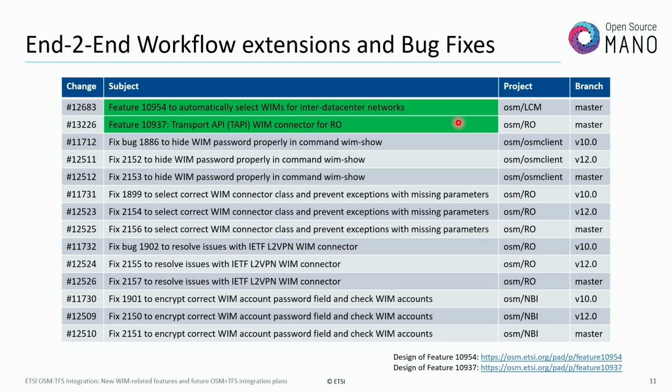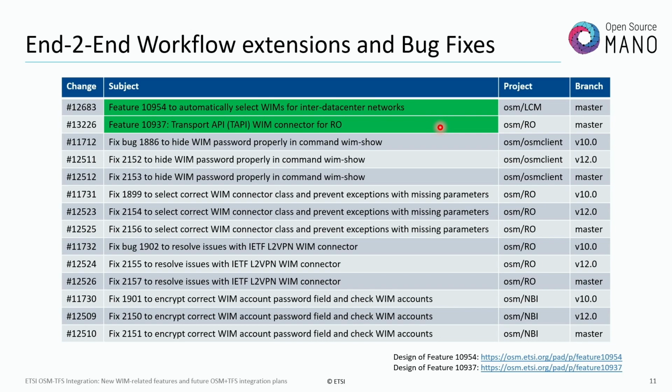The first one is about enabling the WIM automatic selection and configuration, so that OSM can configure and make use of WAN infrastructure managers for configuring the transport network between a number of sites in multi-site services that need to be deployed. The second one is about a new WAN infrastructure manager connector based on ONF transport API.